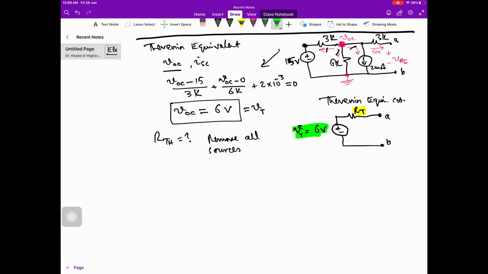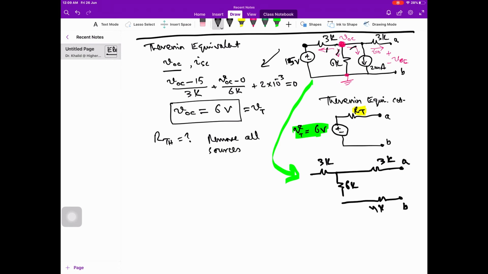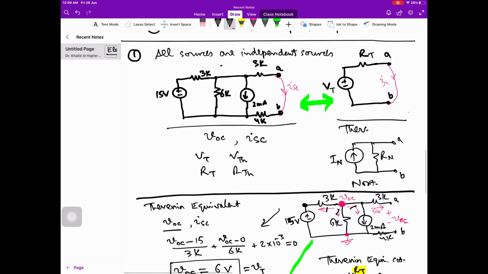And if we see this circuit, I reproduce this circuit. We have a 3K resistance and 6K resistance and 3K resistance, terminal A, and this is B, and I forgot, there is a 4K resistance over here as well.